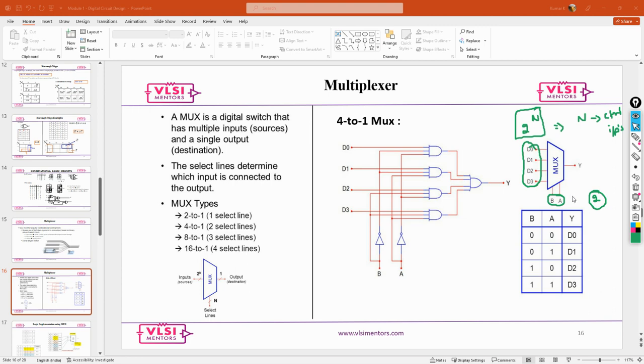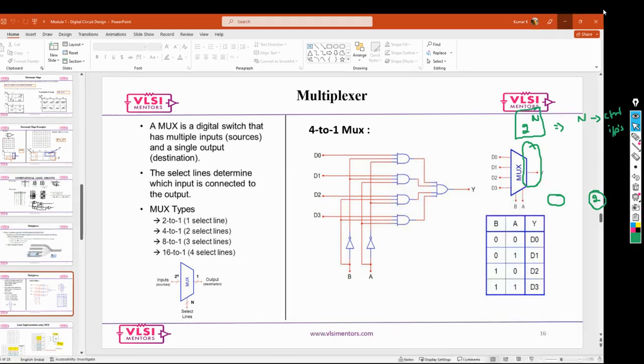Now in this case, the inputs are I0, I1, I2, I3, and the selects are S1 and S0, and this is Z. What is going to be your truth table?